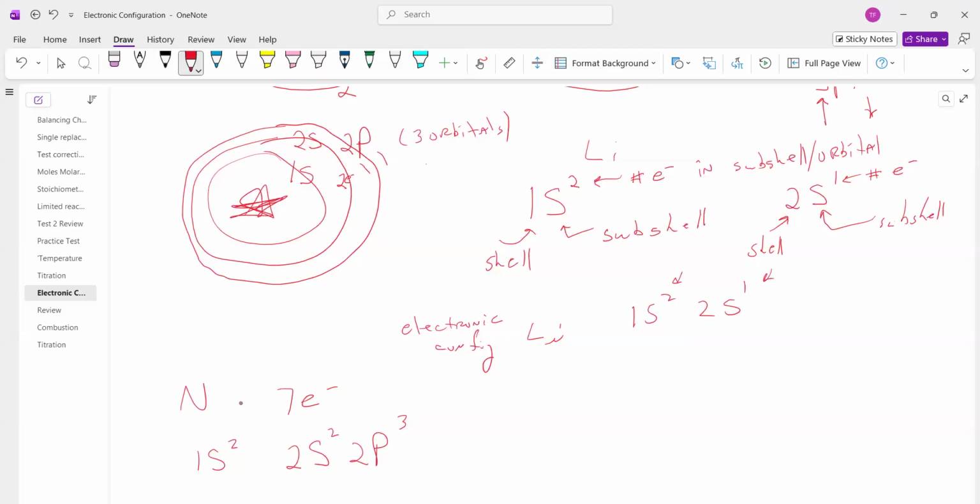In shell 1, that takes up one of the pockets. Shell 2 can hold 6 electrons, so there's 3 pockets in that p. The first one in we're going to call s. The next ones we're going to call p's, plural, and there are 3 of them.